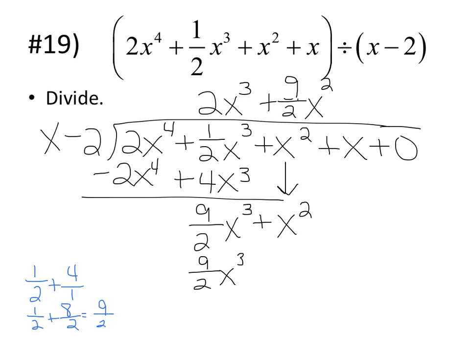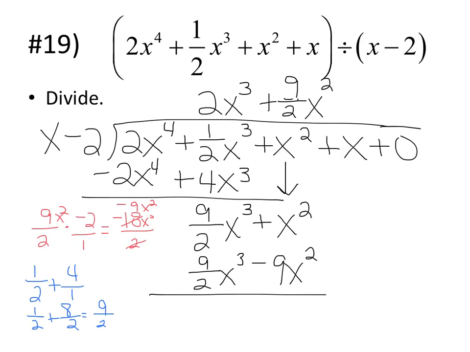So let's do, if I did 9/2 times negative 2. Remember, you multiply straight across. It's negative 18 over 2. These would reduce to negative 9. So it's just negative 9x squared. Oh, I'm sorry, this was squared the whole time.